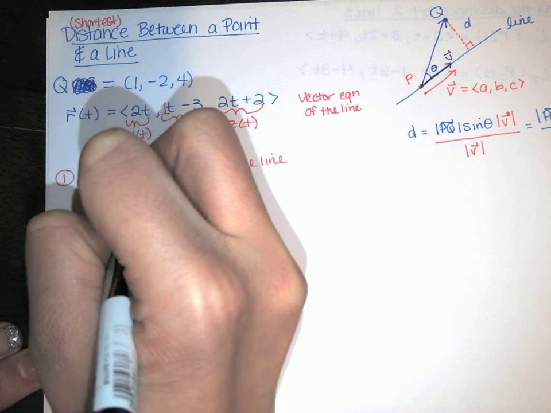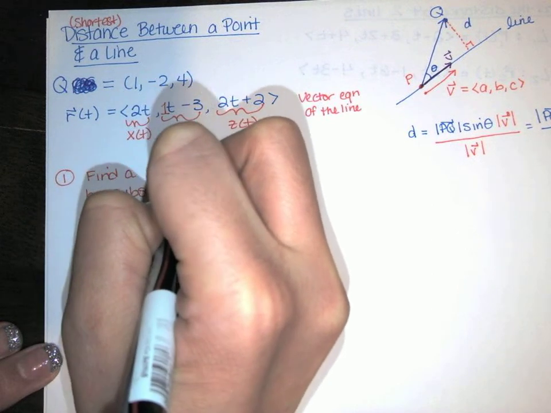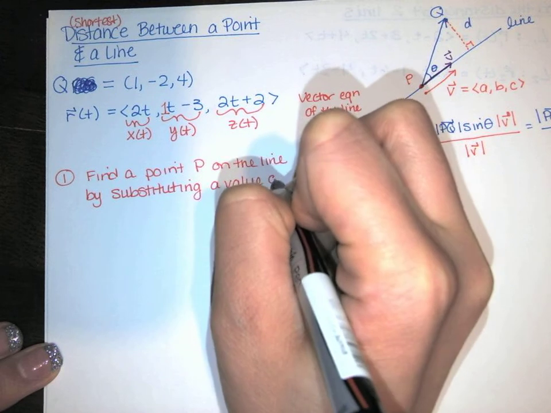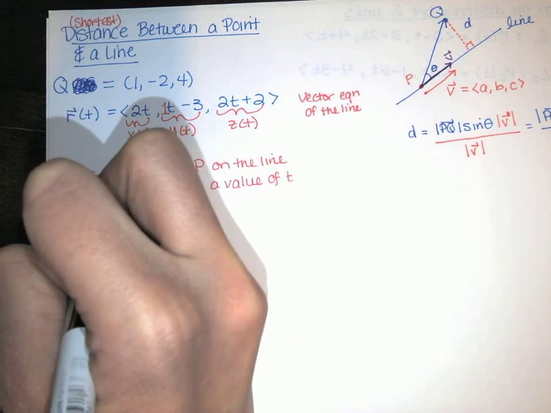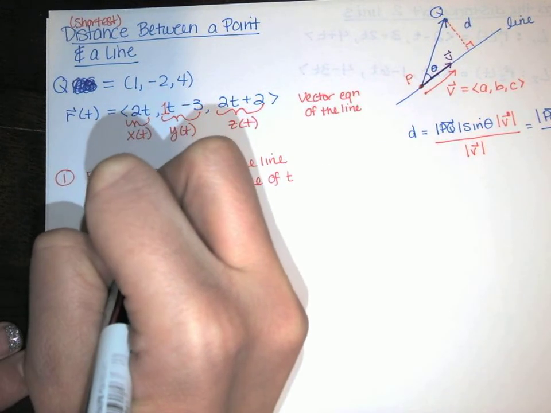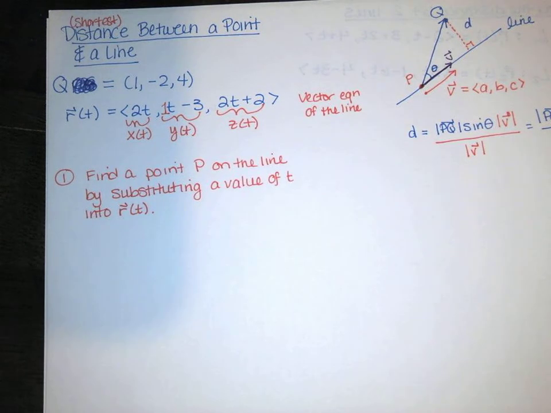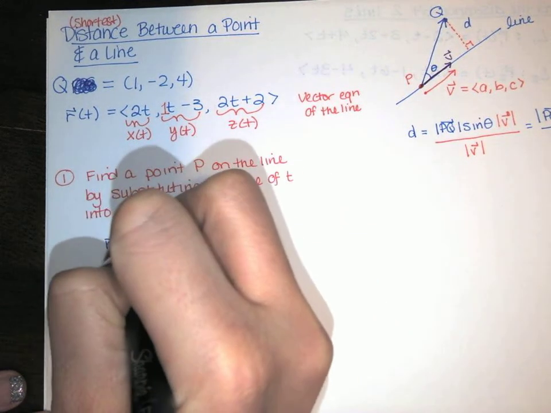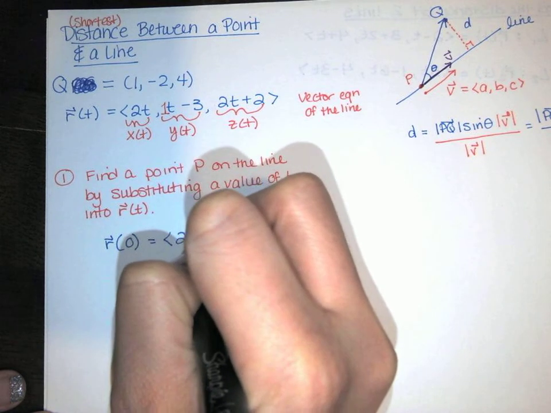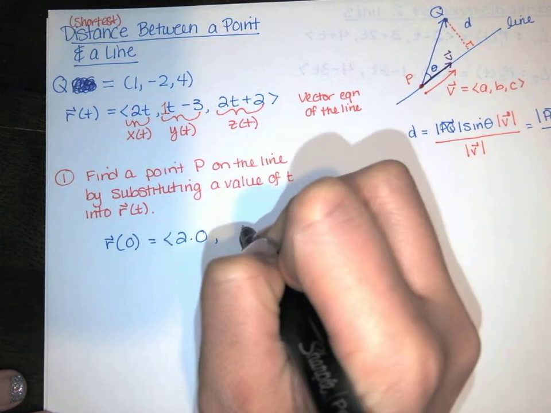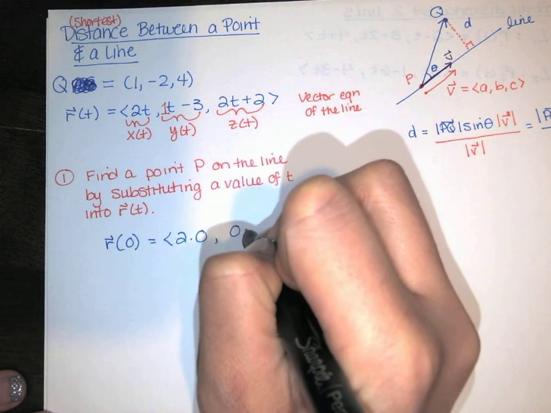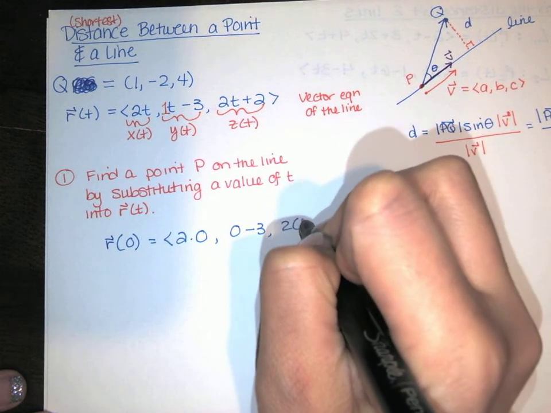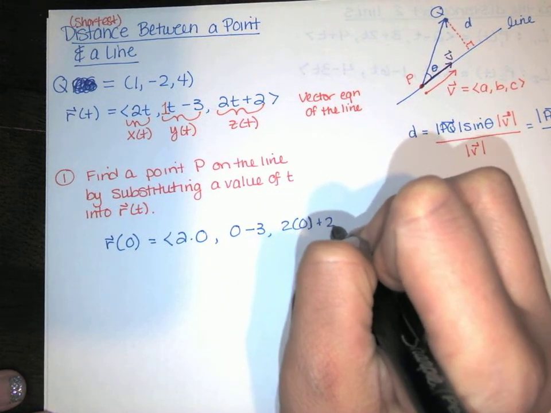by substituting a value of t into r of t. So I'm just going to choose the easiest one, t equals 0. So r of 0 is 2 times 0 times i hat plus 0 minus 3 times j hat plus 2 times 0 plus 2 times k hat.